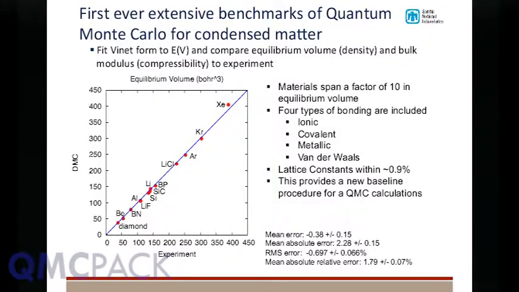Once you do all this very carefully, what I'd come out with was a test set of 14 or so different solids, ranging from ionic solids like lithium chloride to things like diamond that were covalently bonded, metals, and van der Waals. And then I would compare the equilibrium lattice constant and bulk modulus to experiment.